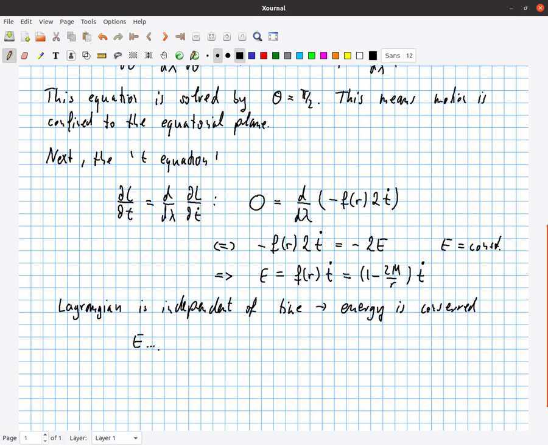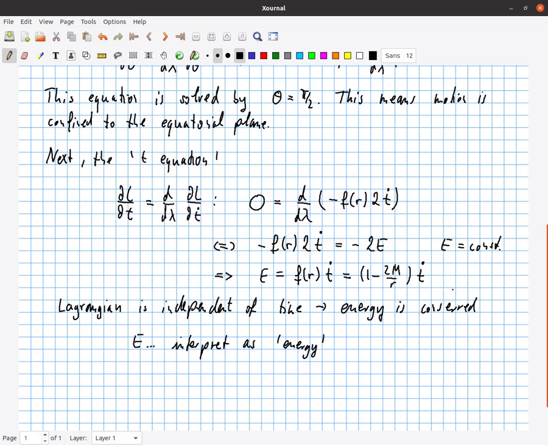And so we interpret E as energy, and I'm writing this in quotation marks because we have to be quite careful. If you look at this E here, it is quite clear that E does not necessarily have units of energy, which follows from the fact that 1 minus 2m over r is dimensionless, and dt over d lambda, lambda is a dimensionless affine parameter.